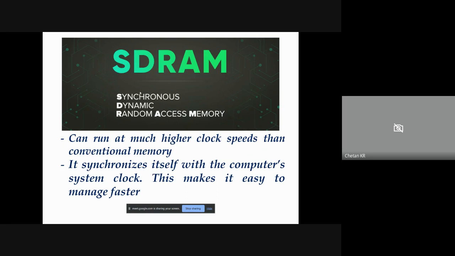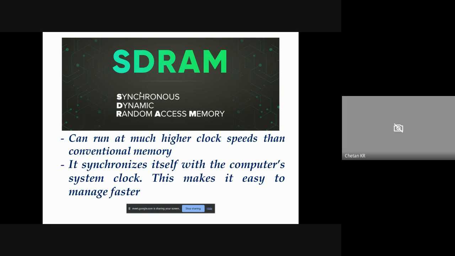Still, static RAMs are very costly and most computers do not afford them. So people still use dynamic RAMs, and an even better alternative is synchronous dynamic RAM, just to improve the speed of access.